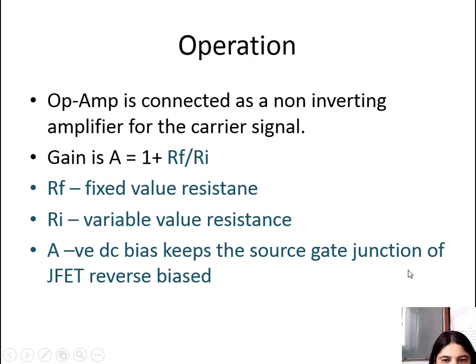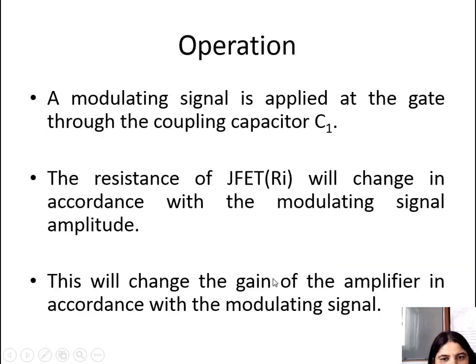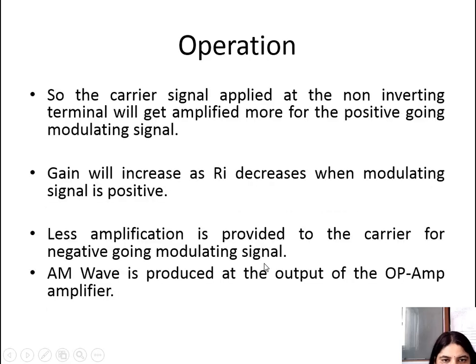Negative DC bias is applied to the JFET. A modulating signal is applied through the coupling capacitor C1. Resistance of the JFET will change in accordance with the modulating signal amplitude, and due to that the gain can also be changed.